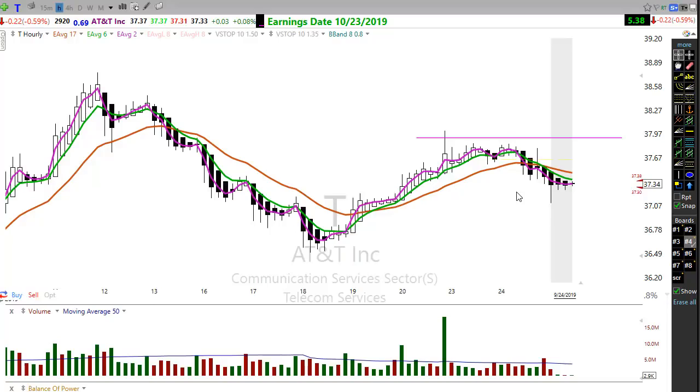Everybody who's traded has had that problem. That's why we need to plan a trade and have a plan on how we're going to exit positions.